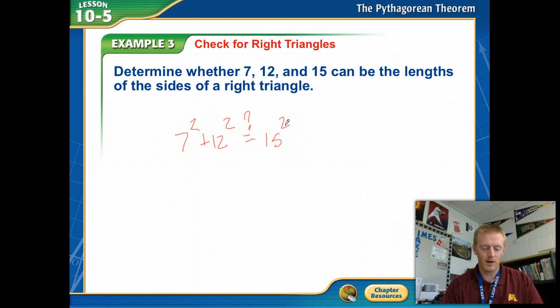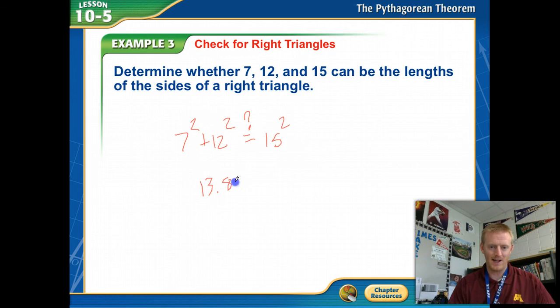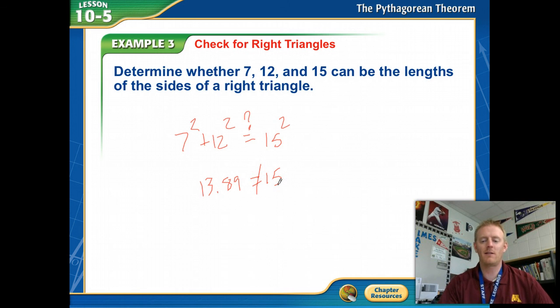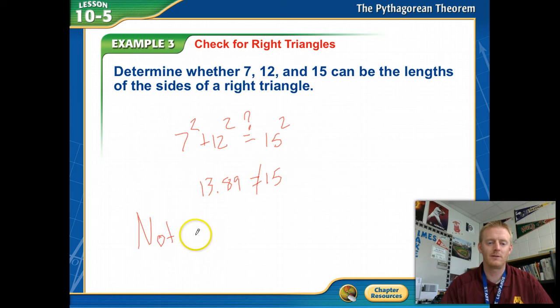So 7 squared plus 12 squared equals 193. The square root of 193 certainly is not 15. So it equals 13.89, not equal to 15. So that means that these lengths are not a right triangle.